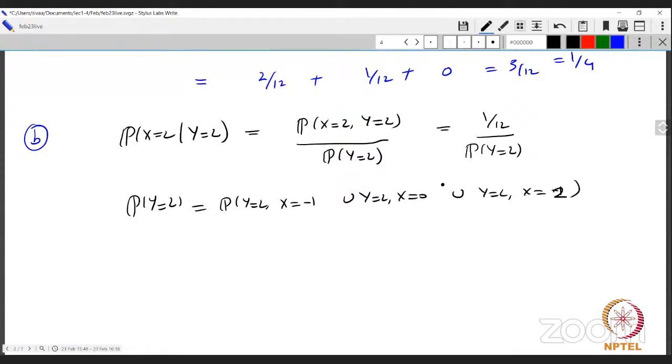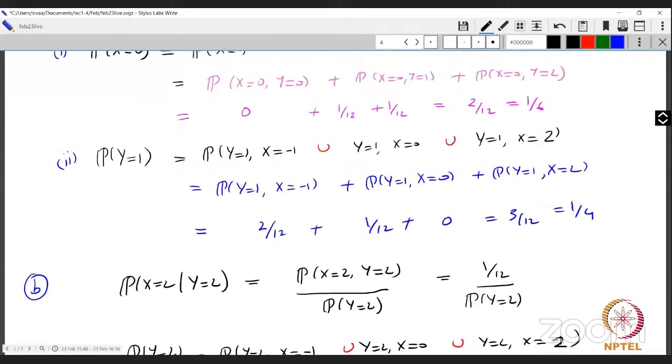And again, like before, these are disjoint events, mutually exclusive, so you can add the probabilities up. So that's the same as probability y equal to 2, x equal to minus 1, plus probability y equal to 2, x equal to 0, plus probability y equal to 2, x equal to 2.